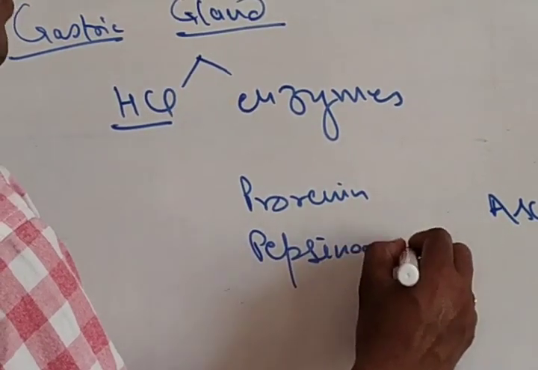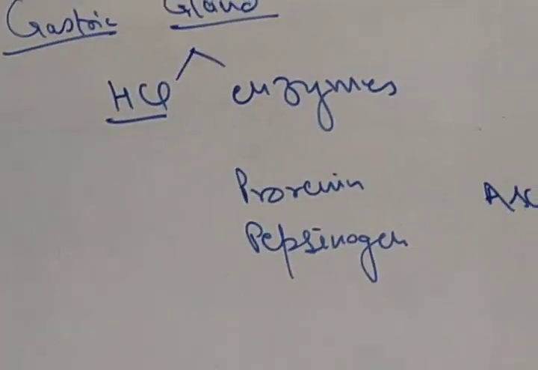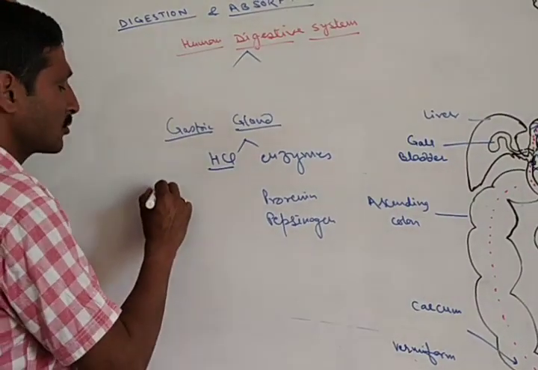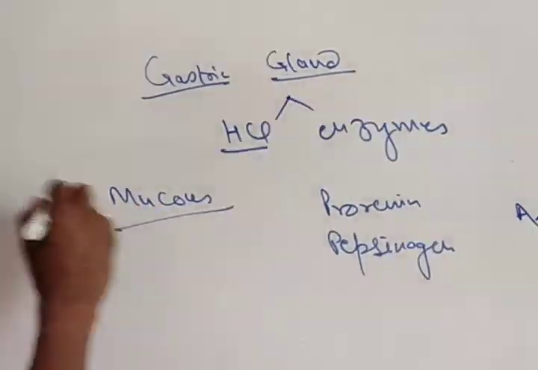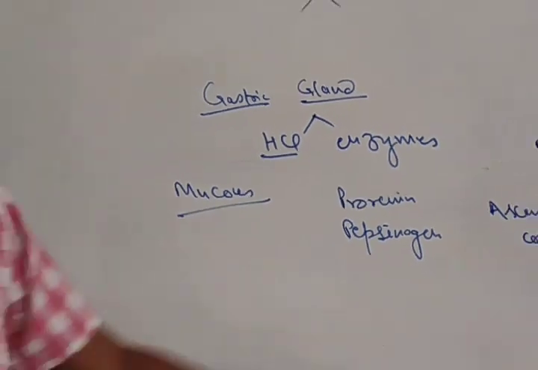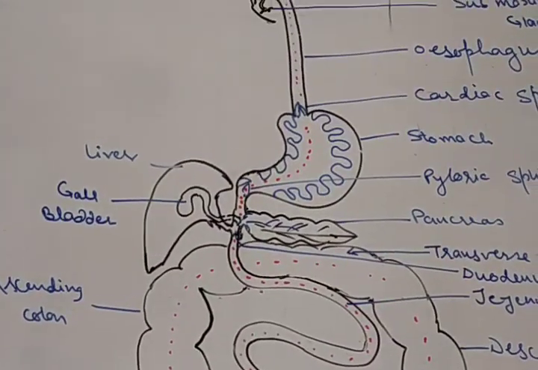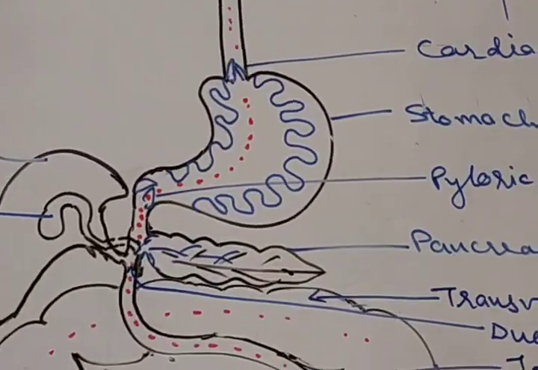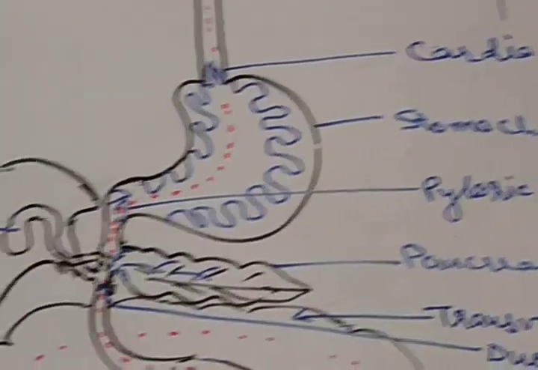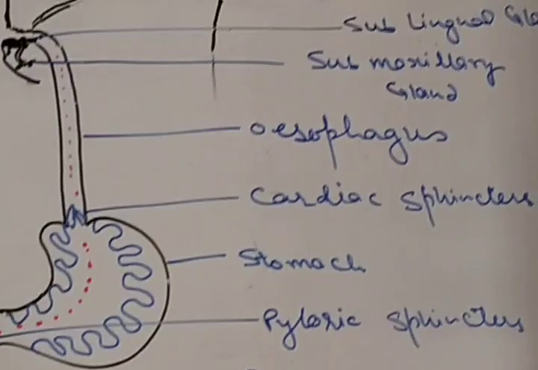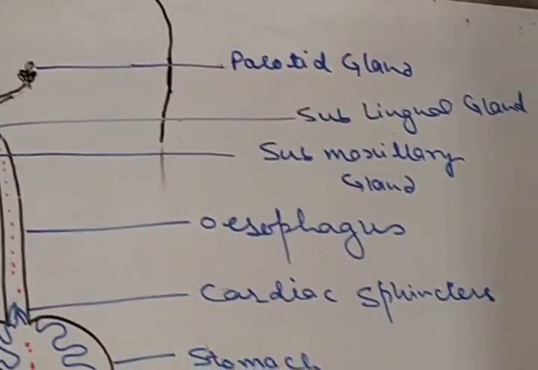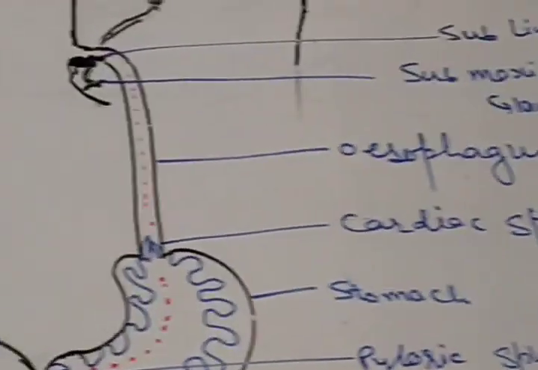Along with this, the gastric glands also secrete mucus, which helps in protecting the lining of the stomach against the action of hydrochloric acid.